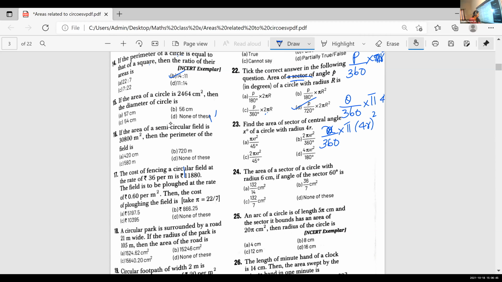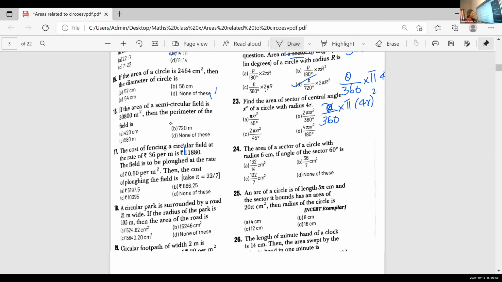Check your answer. Now those who have completed, do the 25th one. After doing the 23rd one, try the 25th one. What about the answer for the 23rd one? What is the answer?